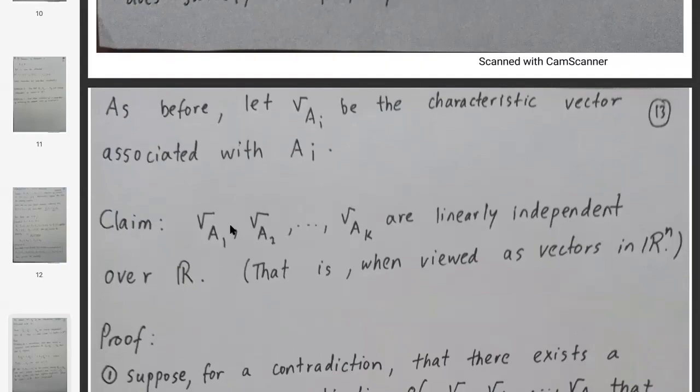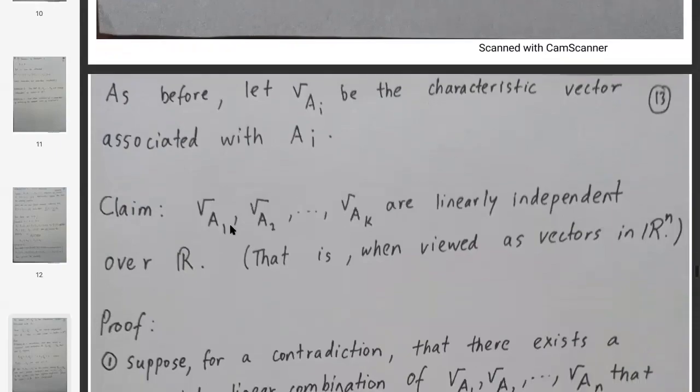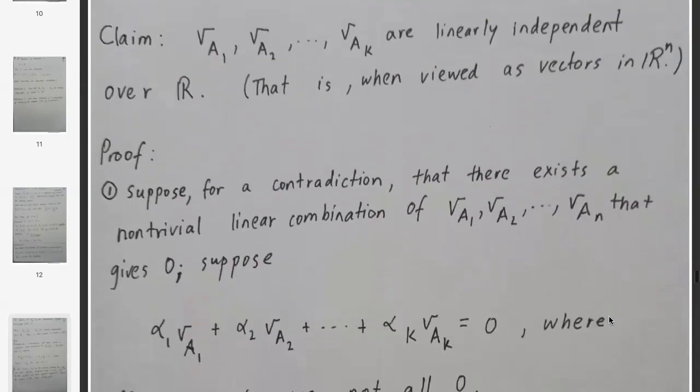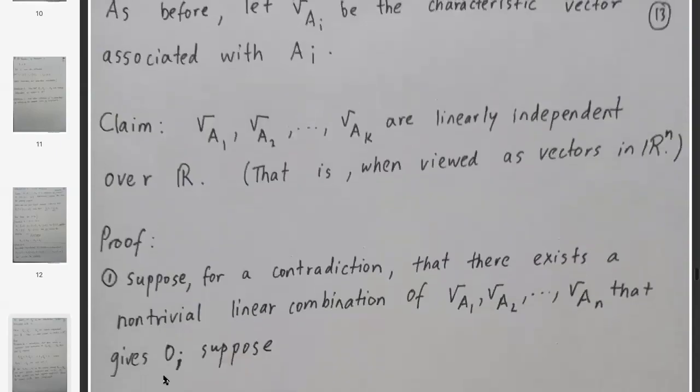Okay, so let's start with the proof. And as usual, we start with the same thing. First suppose that A1, A2, ..., Ak do satisfy the property in the question. And suppose for a contradiction that they are linearly dependent. So suppose for a contradiction that there exists a non-trivial linear combination of v_A1, v_A2, ..., v_Ak, it should be Ak, not An, that gives 0.